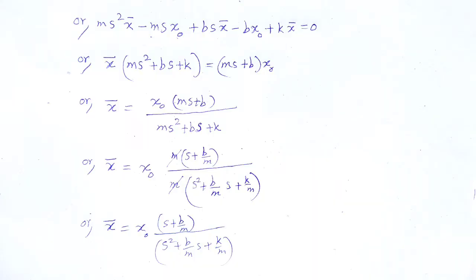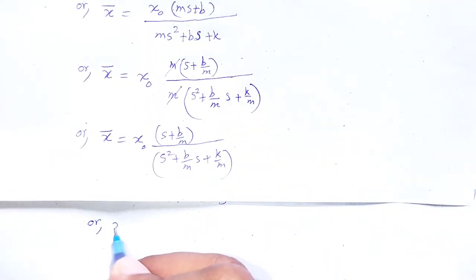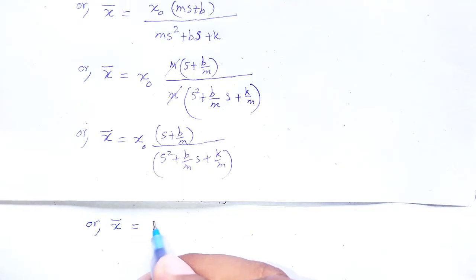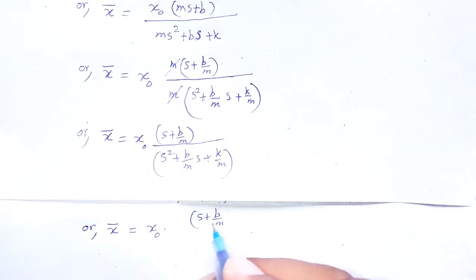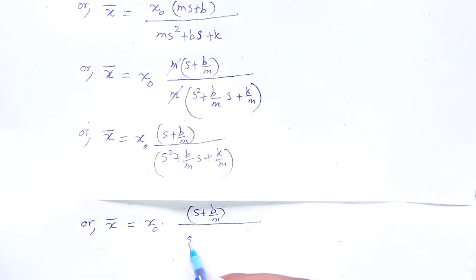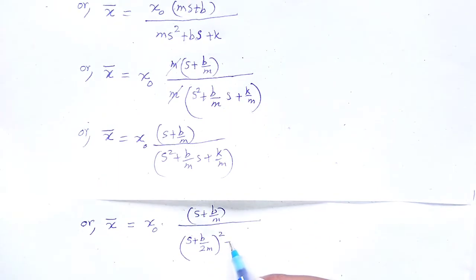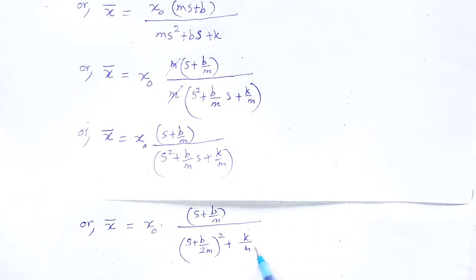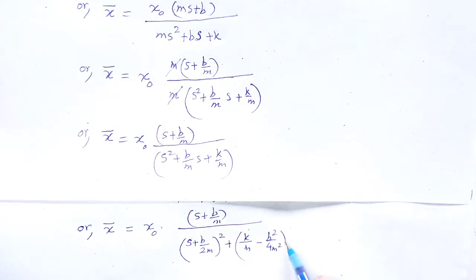Next, x bar is equal to x naught into s plus b by m divided by s plus b by 2m whole square plus k by m minus b square by 4m square.